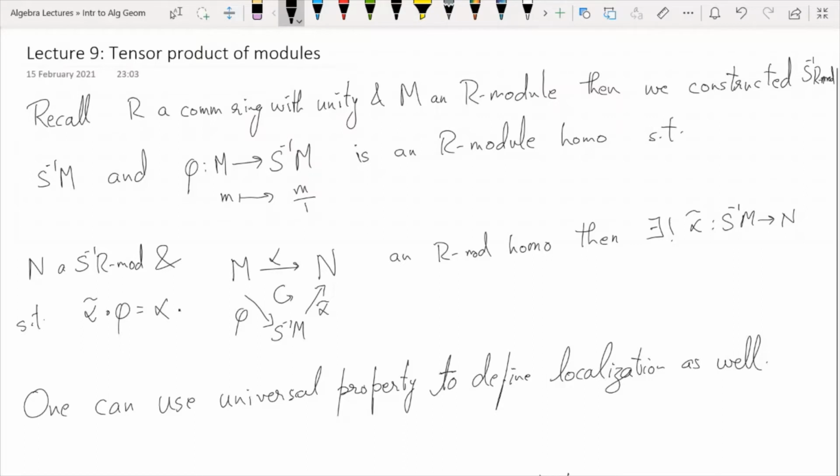So in some sense, localization is not just the module but this map from M to S inverse M as well. The universal property will say something like that.